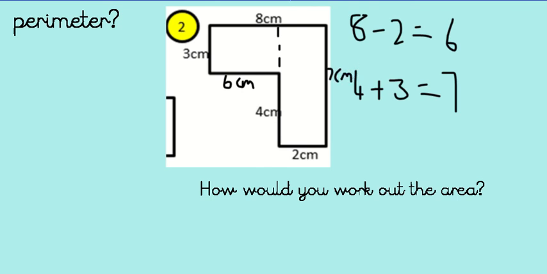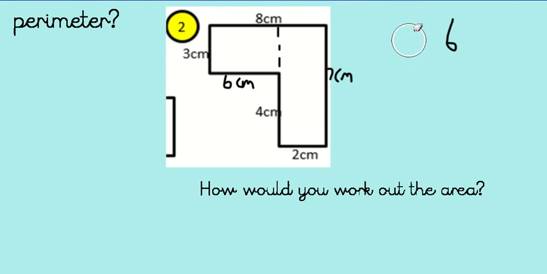Now you've worked out your missing lengths, this is where it gets quite tricky, because actually you need to try and then work out the area. And we can't work out the area of shapes like this unless we split them into rectangles. So I could work out the area of this shape here, because it's going to be the width.